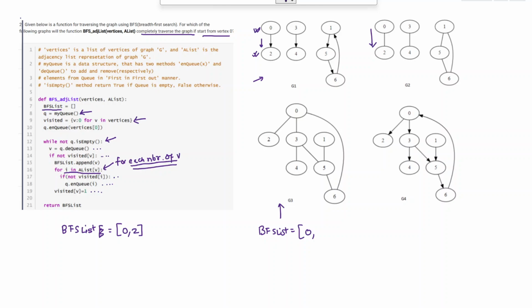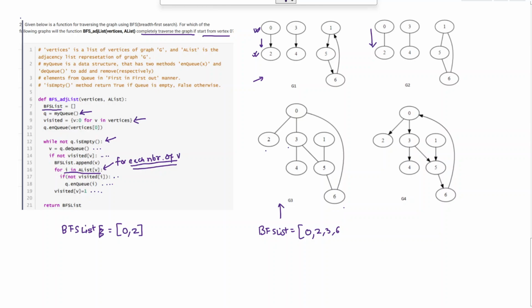So a vertex, then all of its neighbors, and then for each neighbor, each of its neighbors. That's how it goes. So first 0, then the neighbors of 0 are 2, 3 and 6. So we have 2, 3 and 6. And then the neighbors of 2.